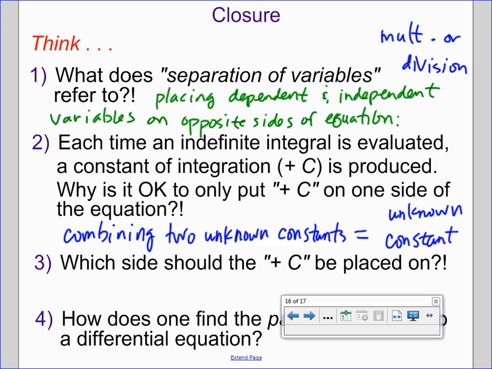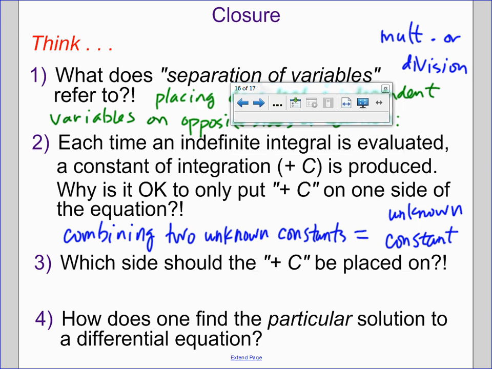Thank you. Which side will we put that plus C on then, from now on ever after? Hayden? Independent. Good, we'll put it on the independent variable side.